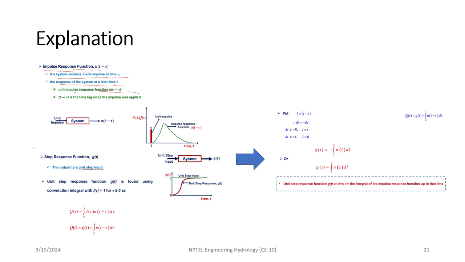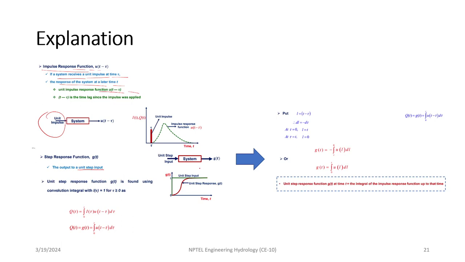A unit impulse means there is an input parameter having an effect on the system. If it is a unit impulse, then you can assume unit precipitation intensity is happening in the system.